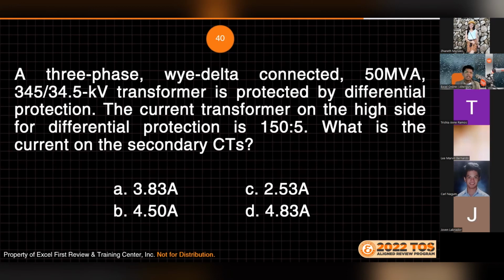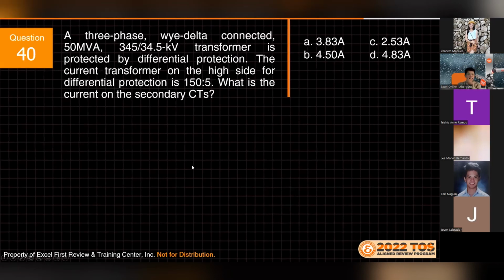What is the current on the secondary current transformer? Okay. So tandaan nyo na pagka current transformer, di ba, ang transformation ratio natin for transformer is baliktad, IS over IP siya. Pagka nasa transformer na siya na instrument, IP over IS na yung A natin.